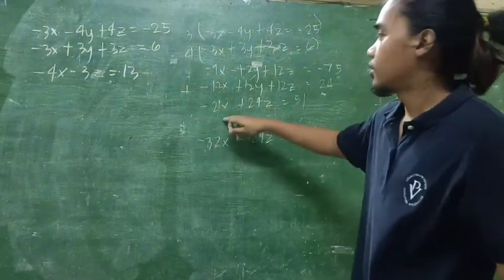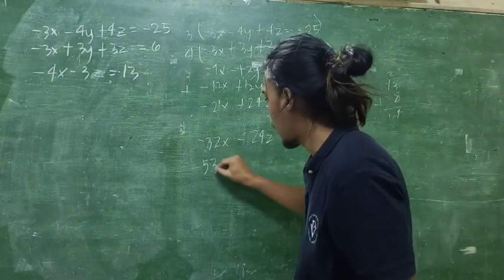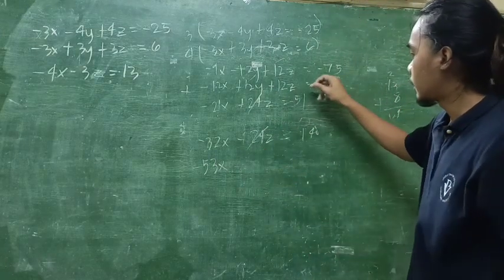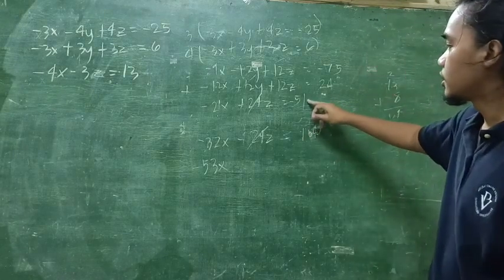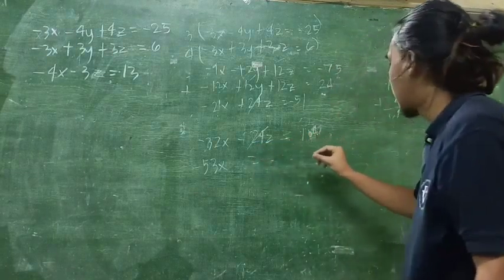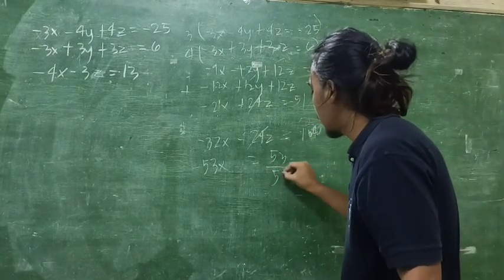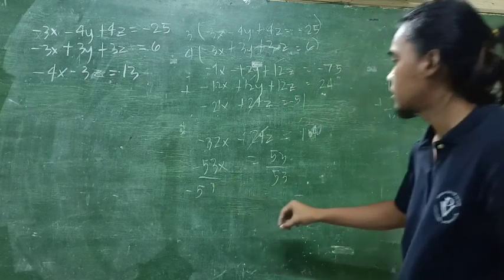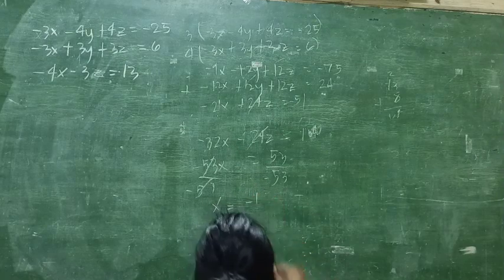So negative 21x plus negative 32x is negative 53x, and cancel the z. And we have negative 51 minus 104, which leaves us negative 155... Divide both sides by negative 53. So our x is equal to negative 1.